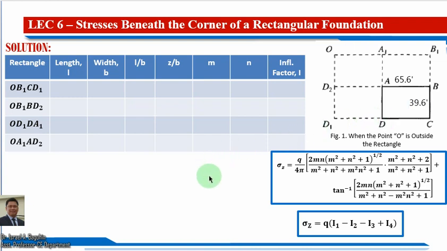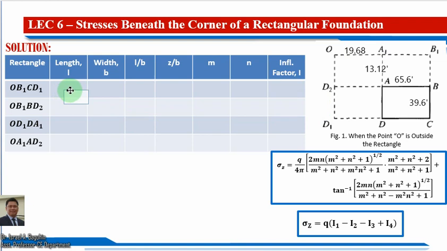And the other given side is A1, which is equal to 13.12 feet, and we also have A1 to point O, which is equal to 19.68.